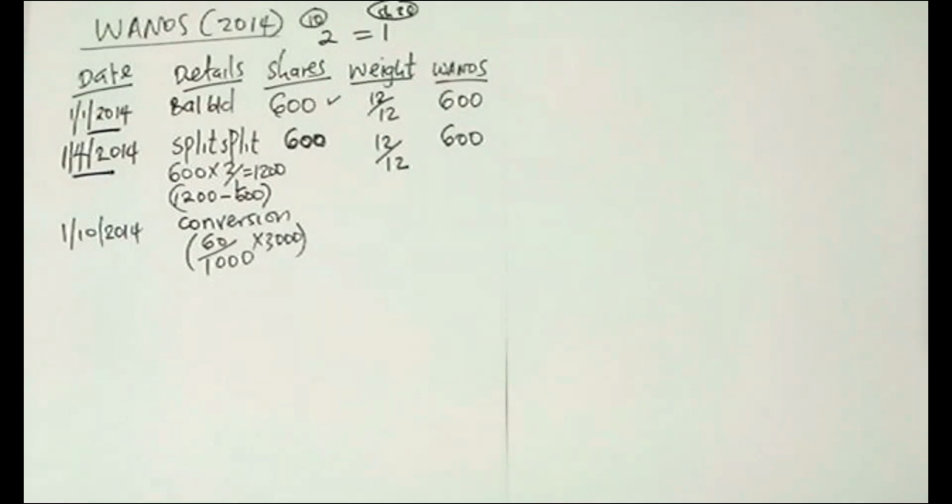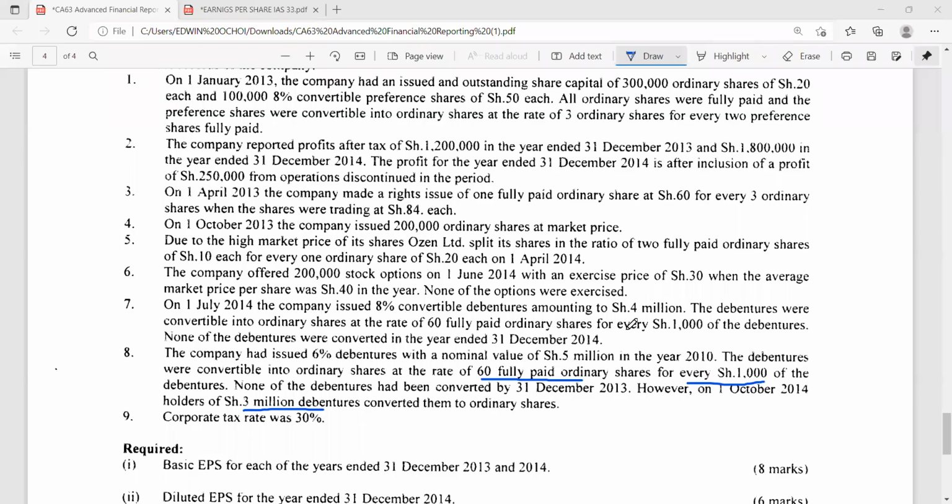Then you need to ask yourself, remember that when this aspect of share split comes in, that date is very important. April 2014 is very important. Because any security which comes after the split has already been split. But the one which comes before the split has not been split.